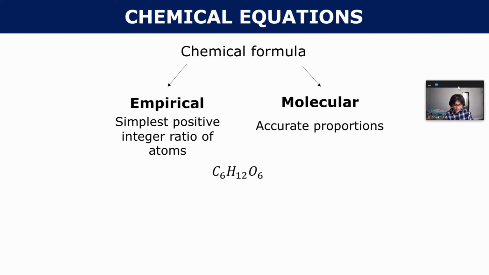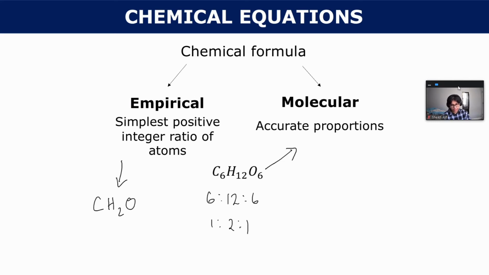But if you notice, the ratio 6 to 12 to 6 is the same as 1 to 2 to 1. You just divide all 3 of those numbers by 6. And this is the simplest positive integer ratio of atoms. So while this is the molecular chemical formula, the empirical formula is going to be CH2O.